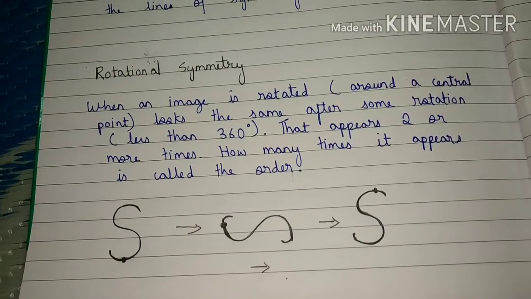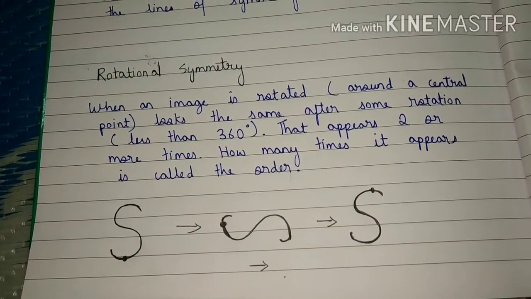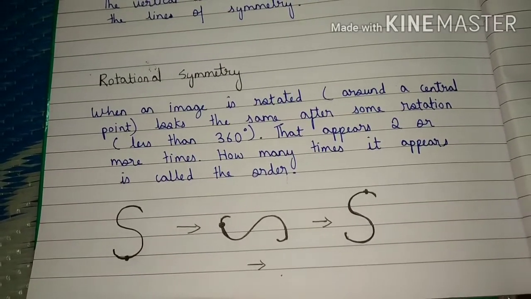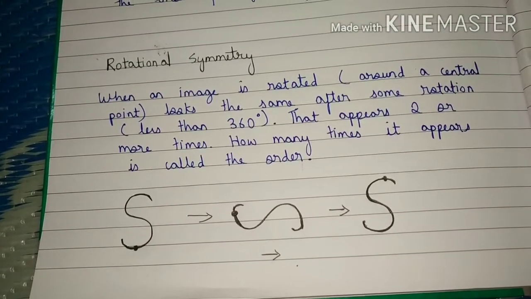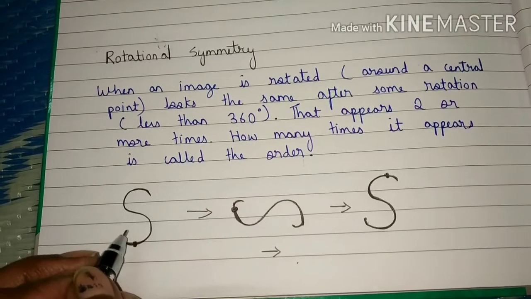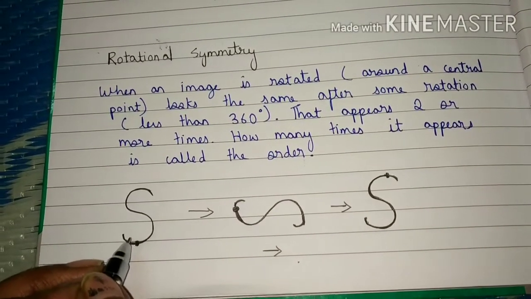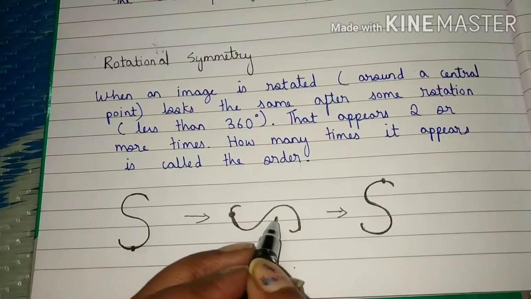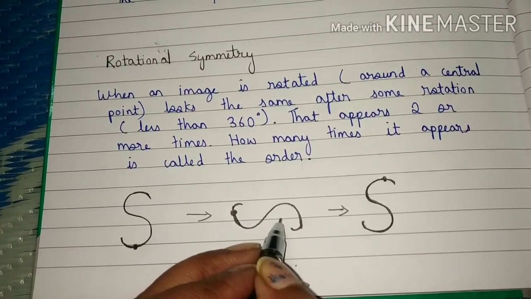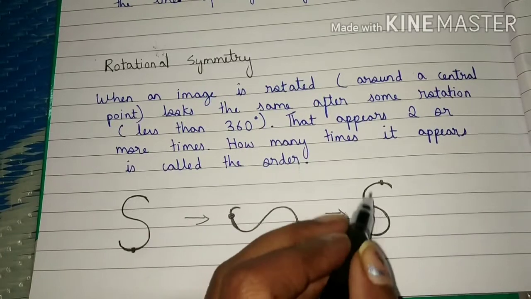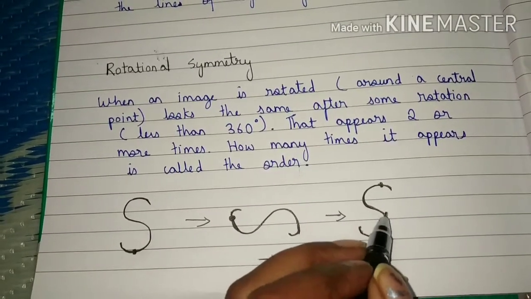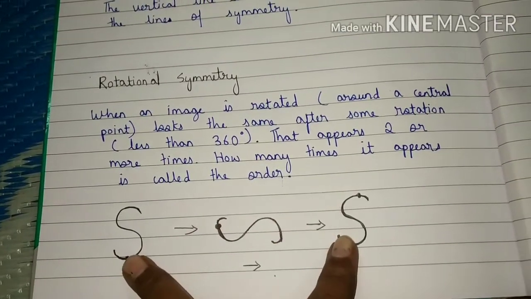So students, we can rotate the figure of S 2 times or more than 2 times, but less than 360 degrees. You can see here I have rotated the figure of S 2 times. Firstly, I have rotated it like this. After that again I have rotated it like this. And after rotation 2 times, you can see that the figure of S looks the same.